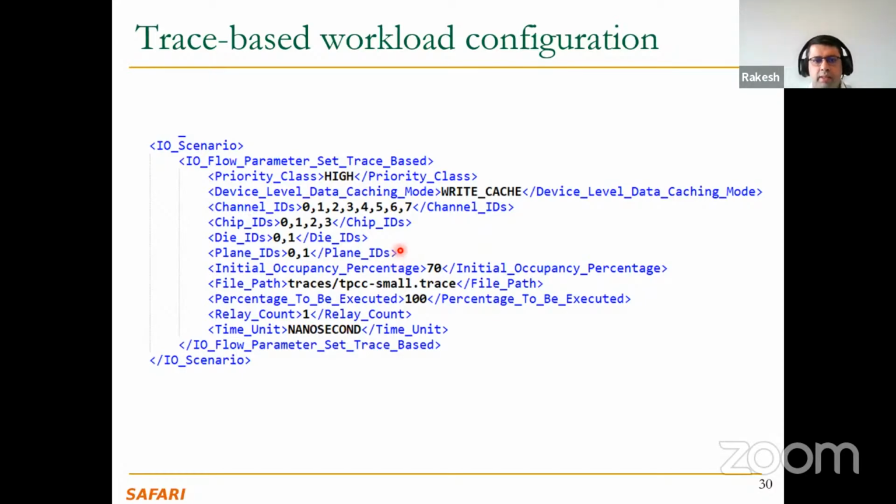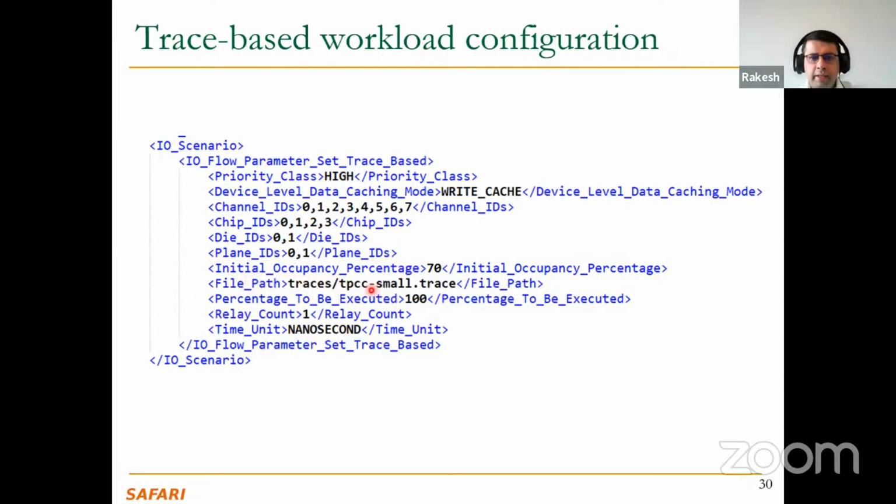These are the NAND attributes which have to be targeted in this particular workload. All these IDs can be similar to the ones defined in the SSD configuration, or it could be a subset of what is defined in the SSD configuration file as well.